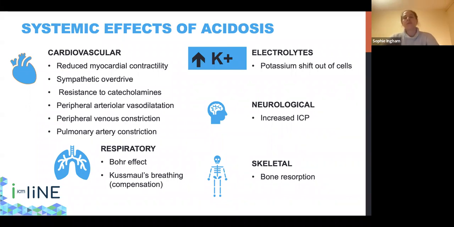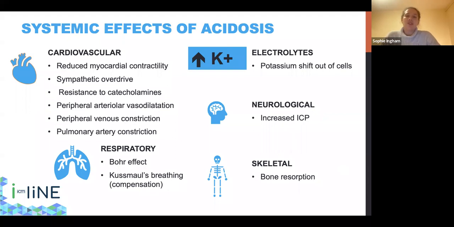So reduced myocardial contractility, you get peripheral artery vasodilation and peripheral venous constriction, and you also get pulmonary artery constriction as well. From a respiratory point of view, acidosis can cause something called the Bohr effect. The Bohr effect essentially is where there's acidosis or a high CO2 that causes the oxygen hemoglobin dissociation curve to shift to the right, which means that oxygen is released from the hemoglobin into the tissues to be used by acidotic tissues.